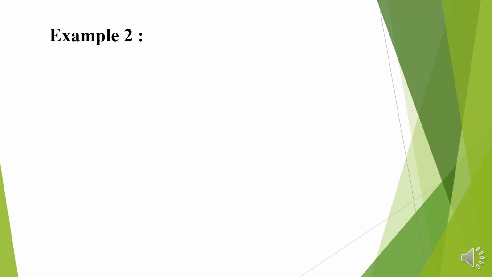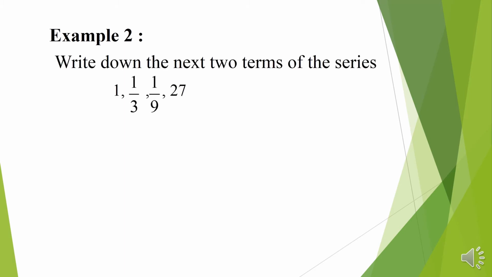So let's see example 2. Write down the next two terms of the series 1, 1 over 3, 1 over 9, 1 over 27. And we move on to the solution here. The question mentions the next two terms, so that means term number 5 and term number 6 after term number 4, which is 1 over 27.